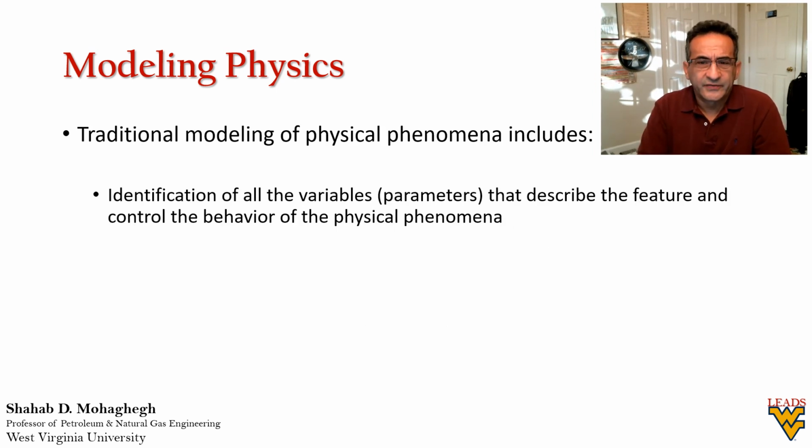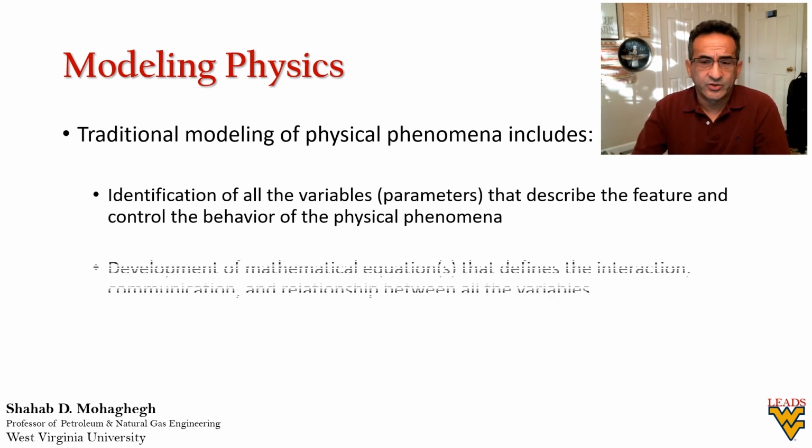Traditional modeling of physical phenomena includes a few steps. First one is the identification of all the variables and all the parameters that describe the feature and control the behaviors of the physical phenomenon that we're trying to model.